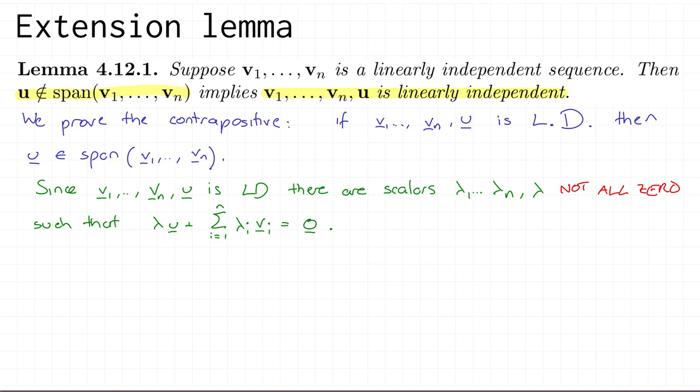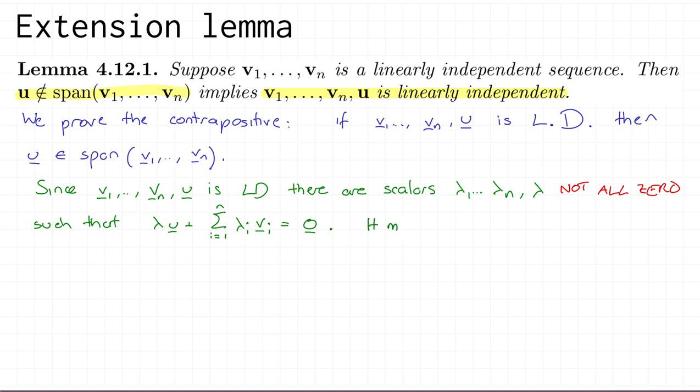What can we say then about lambda? Could lambda be 0? Well, if lambda was 0, then not all of the lambda i's could be 0, but we'd still have then a linear combination of the V's being equal to the zero vector. But that's impossible because we're assuming that V1 up to Vn are linearly independent. So let's write this down.